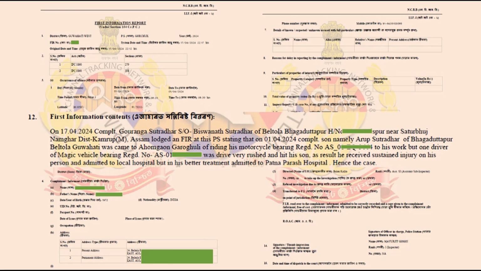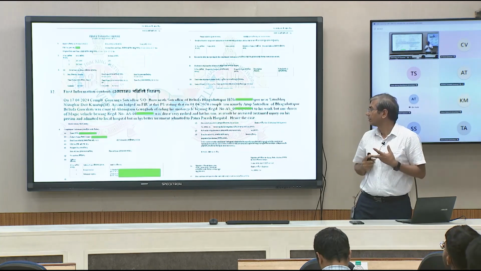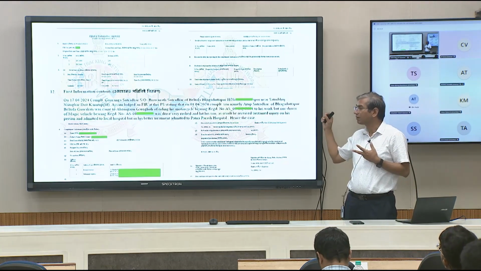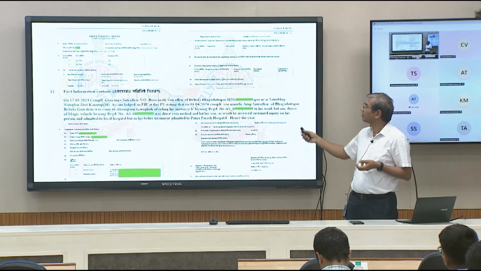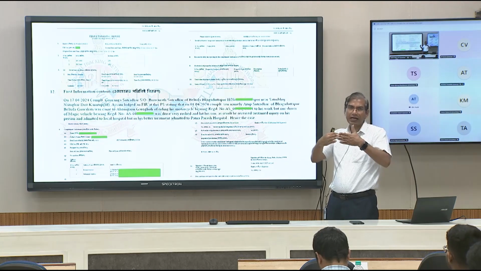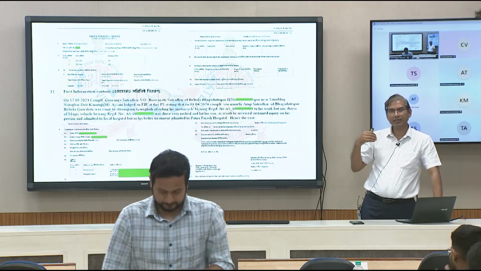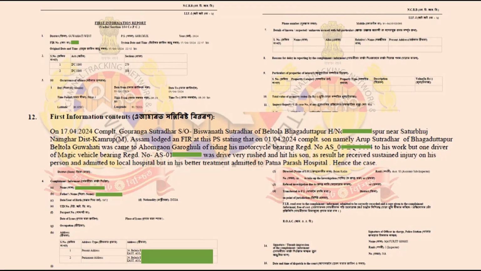That kind of narrative you may see, and these narrations sometimes may not have enough information for scientific evaluation. It does not have a proper location, or even the time of the incident, although some of those things are there in the FIR. But in the narration of how the accident happened, you only get rash driving, that is all. Whether it happened at a T junction or at a mid block, those kinds of information are not here.